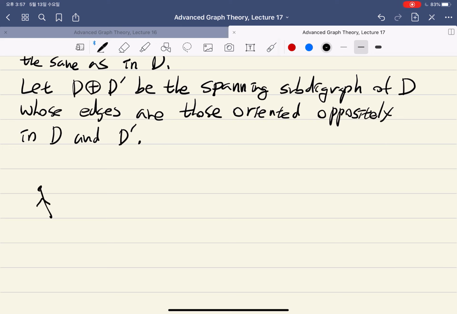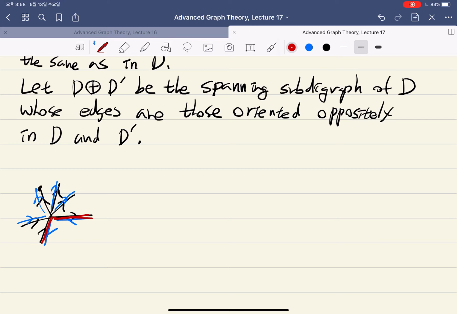So for example, if we have D in this way and D prime in this way, then these two are the edges which are oriented in a different way.